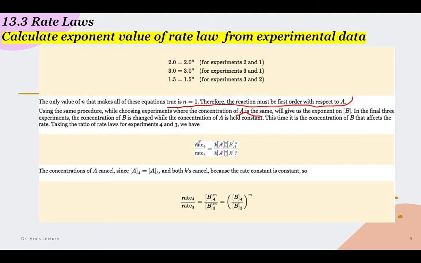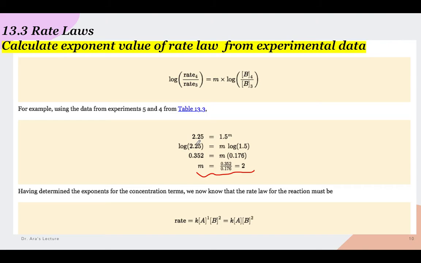In the case of experiments 3 and 4, with the same procedure, we eventually find m equal to 2 with respect to B. So now, if we want to finally write the rate of reaction with order, we write k[A]^1[B]^2.